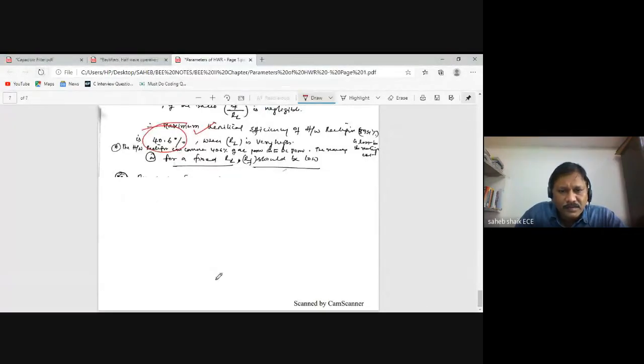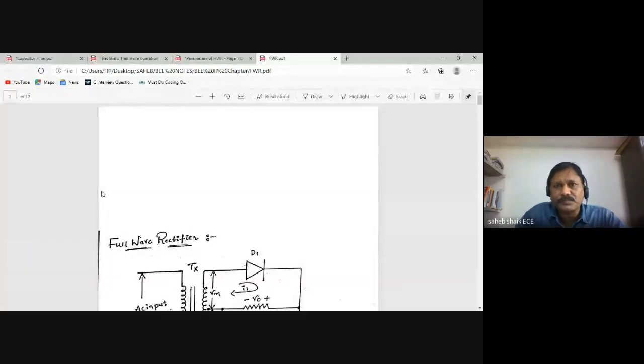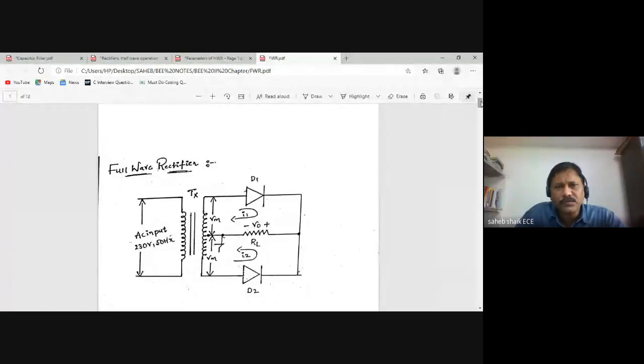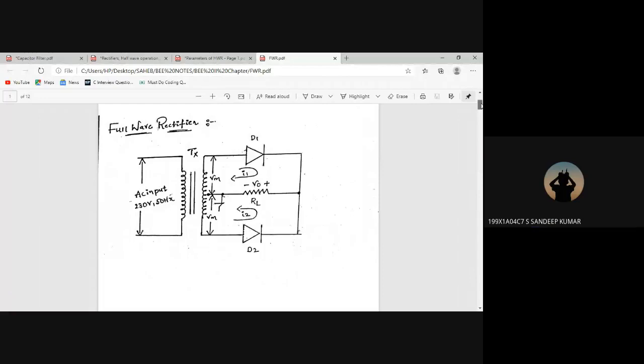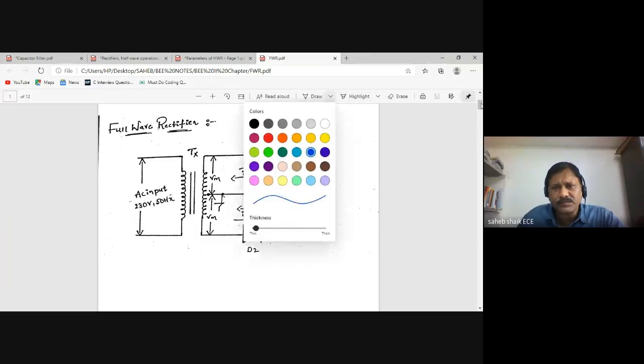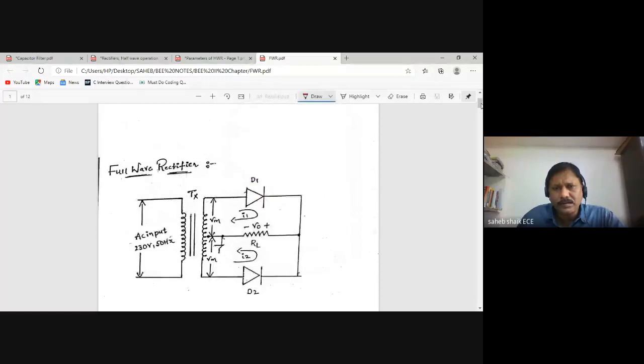So we go for the next one, full wave rectifier. It is visible to you, full wave rectifier. You can have this type of circuit, or you can draw in another form also.